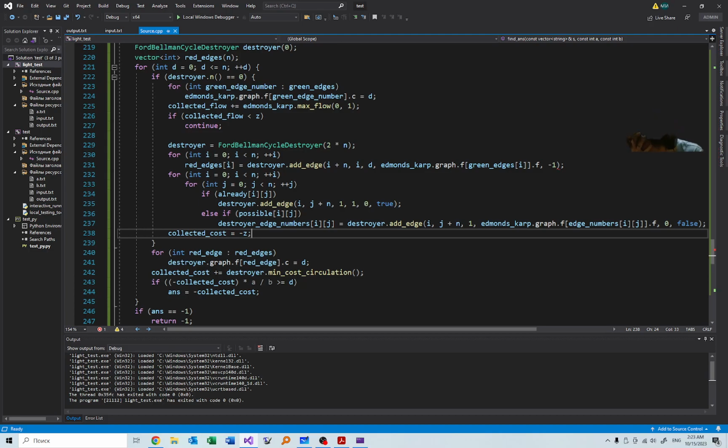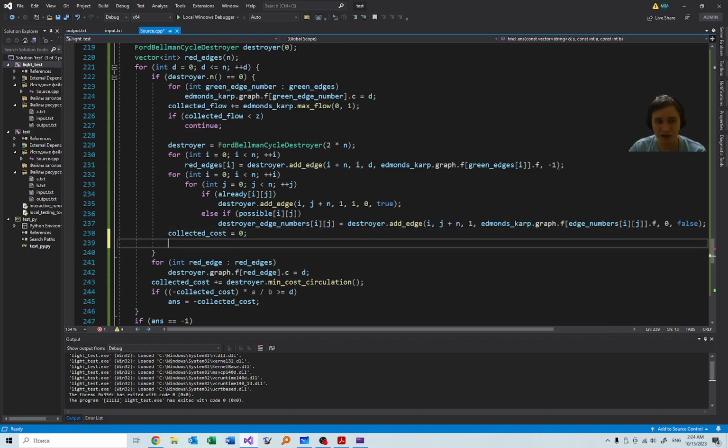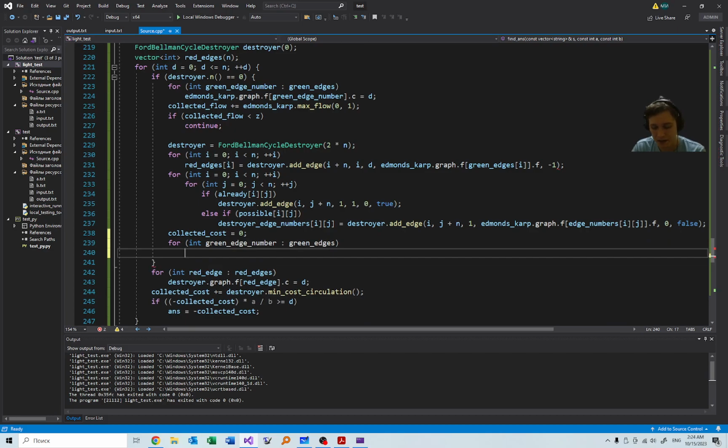What next? Actually, next thing is, I need to find the sum of the green edges. So I say that it is 0. Then I go through all green edges and I subtract the flow through its edge.